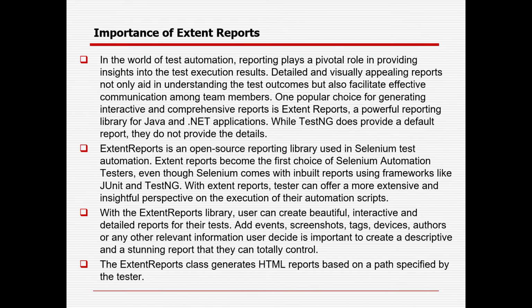They can add events, screenshots, tags, devices, author, or any other relevant information the user decides is important to create a descriptive and stunning report that they can totally control. The Extent report class generates HTML reports based on a path specified by the tester.